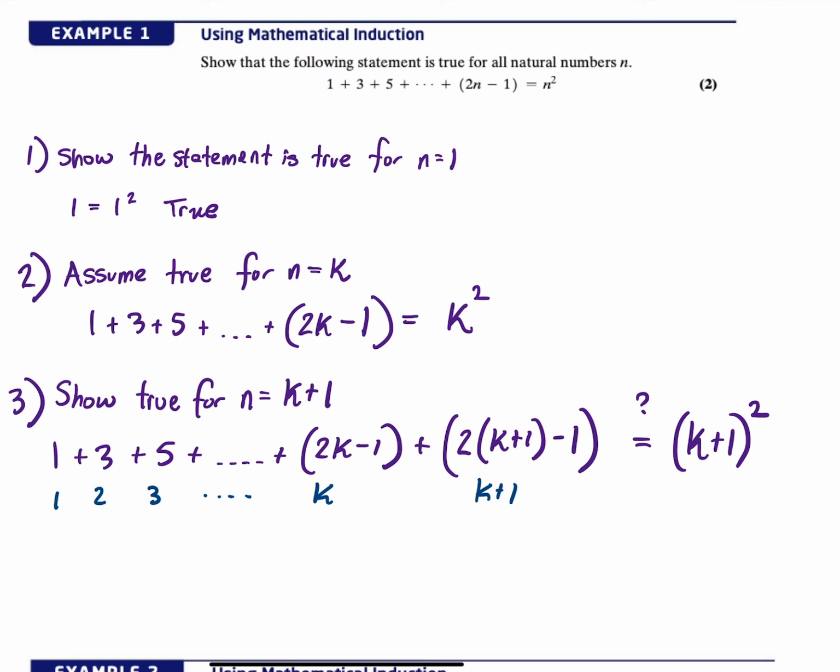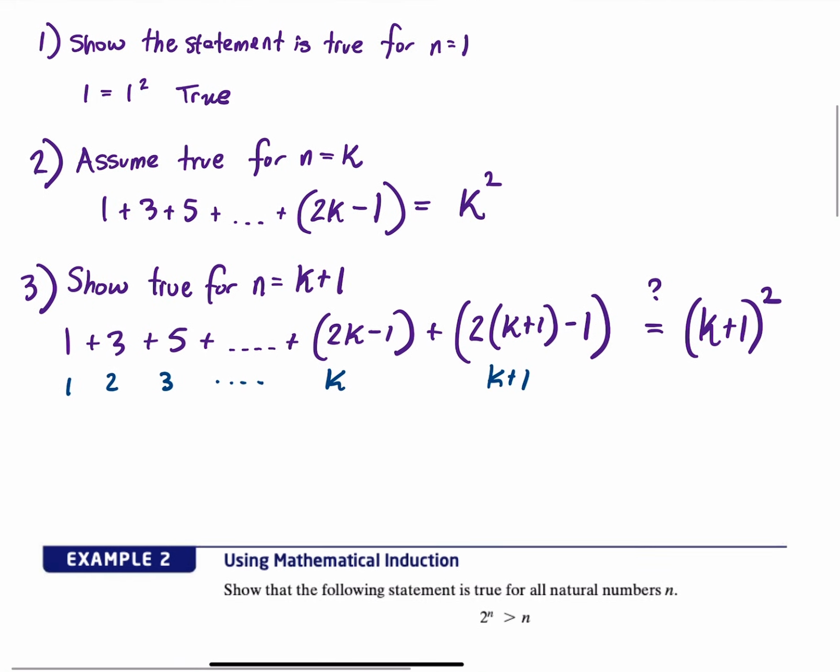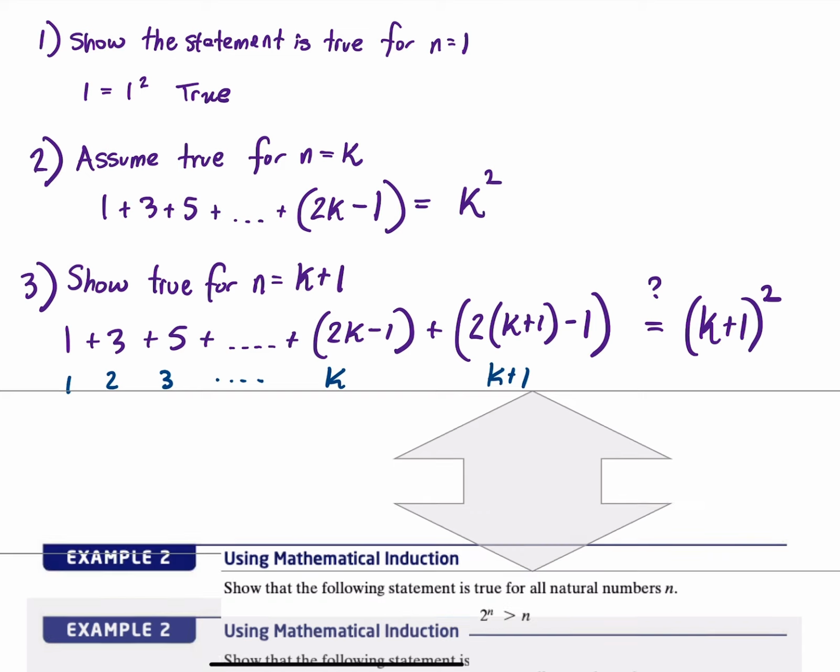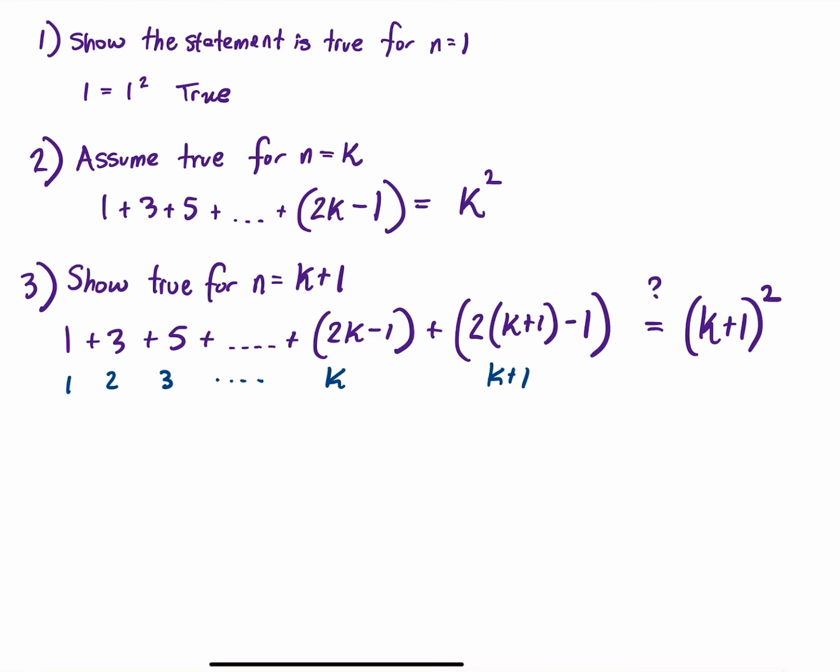So the trick here is to use what we said in part 2, where we assumed that it was true for k, meaning if we are assuming that this is true, then this whole first part, up until the k term, should just be equal to k squared.